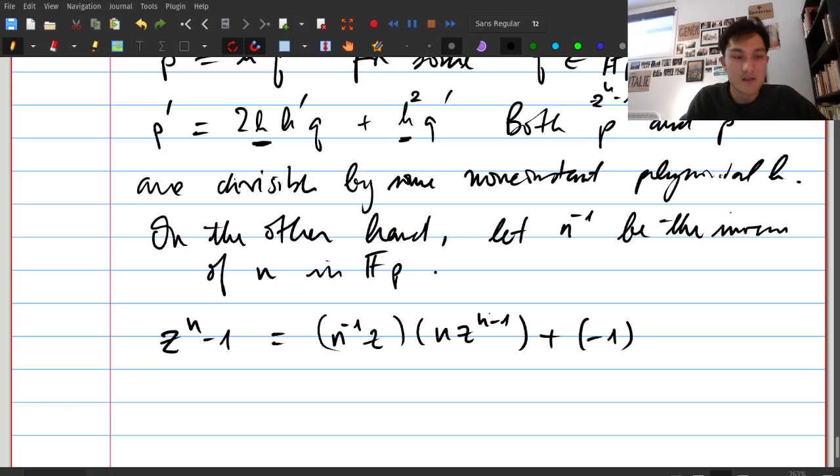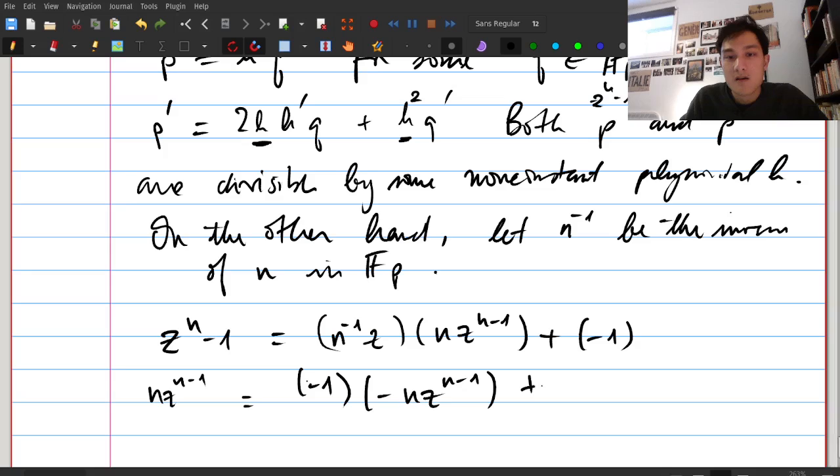And then we have to do the next one. So n z to the n minus 1 is equal to minus 1 times minus n z to the n minus 1, plus 0. And then we reach 0, which means this is the GCD, and we can just make it positive.